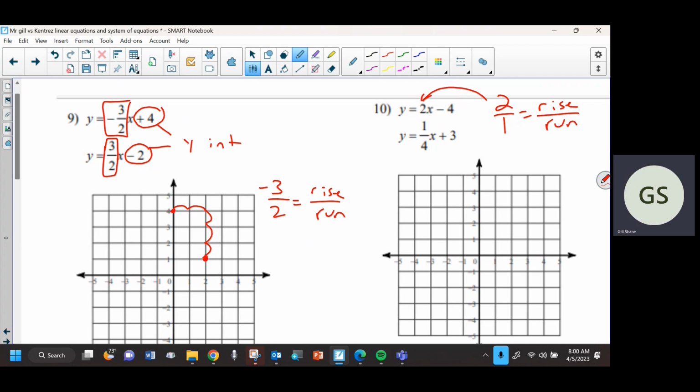So it'll be right here. Not going to worry about making it perfect. That's pretty close. Now I'm going to do the same thing for the second one. You guys try to do it first.